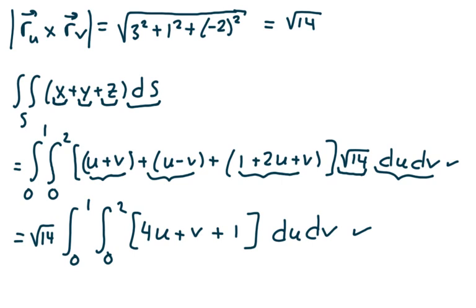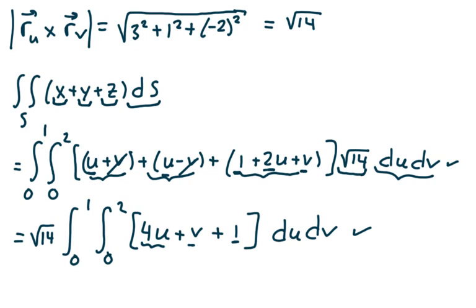So how did I get that? Notice how the v's cancel. And then u plus 2u is equal to 4u. I still have that v there. That's right here. And then I have the 1 over here. That's right here.